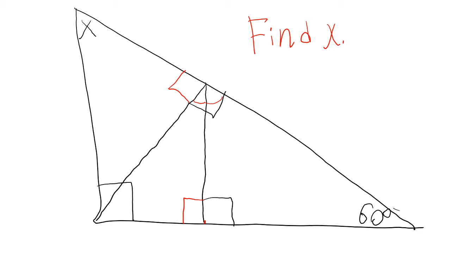Now we know this is 90 degrees, but we also have a 60 degree angle over here. This is 90 and this is 60. Well, let's find the measure of this angle right here. I'm pretty sure you already realized the 30, 60, 90 triangle, but I'm just going to write the steps down.